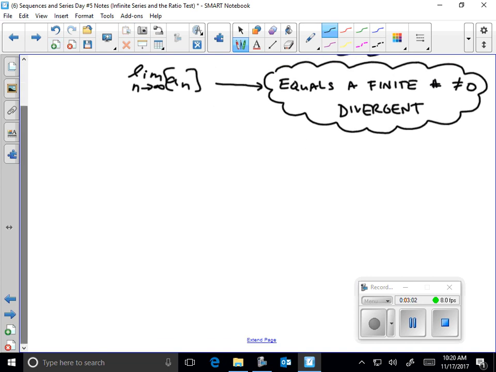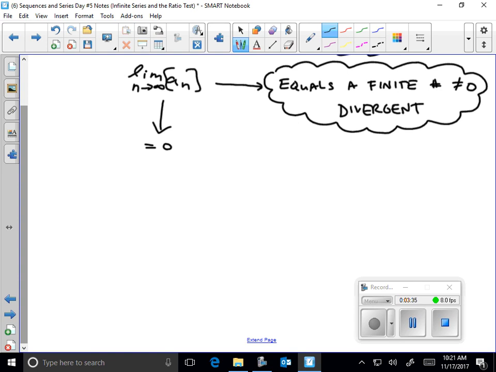Now, let's say it equals 0. Then it could be a candidate for convergence. Before, I told you that if the sequence went to 0, then the series would be convergent. But that's not always the case. An example would be 1 over n. The limit of 1 over n as n goes to infinity is 0.